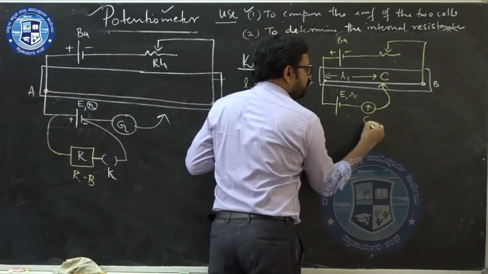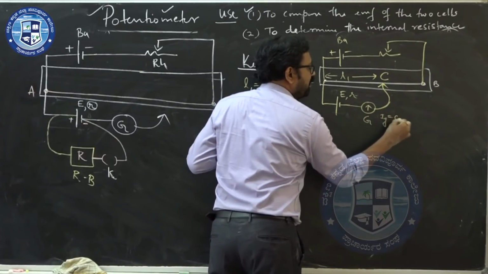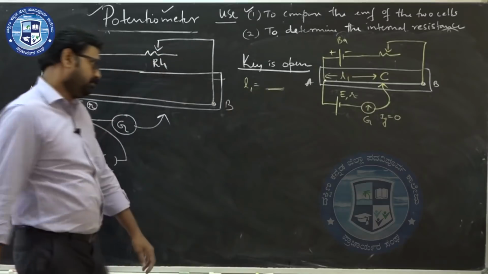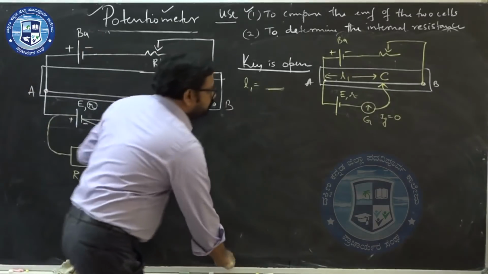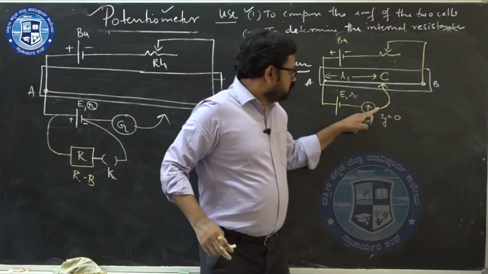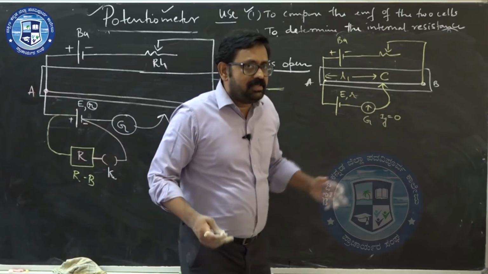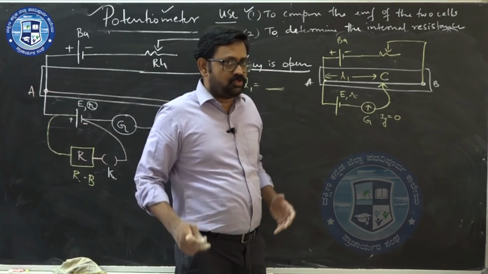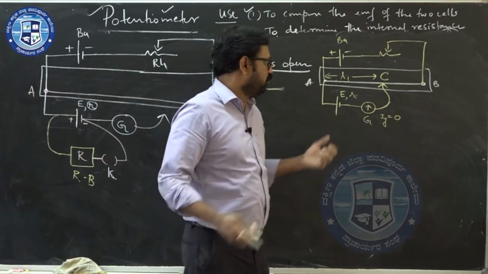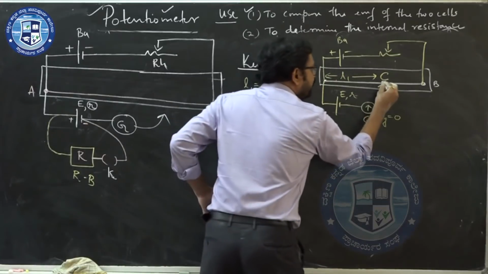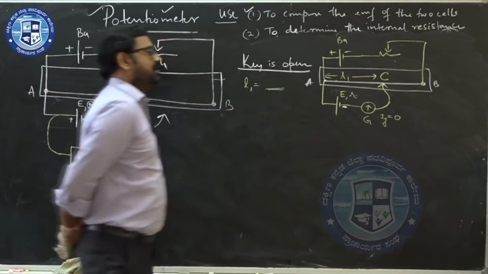Now the galvanometer is showing 0 deflection, means current through the galvanometer is 0, correct? Current through the galvanometer is 0, means what is the current here? 0. What is the current here? 0, correct? Single branch, current throughout should be the same. Here it is 0, means everywhere it is 0 only. Which means, look at C and the negative terminal of the cell.